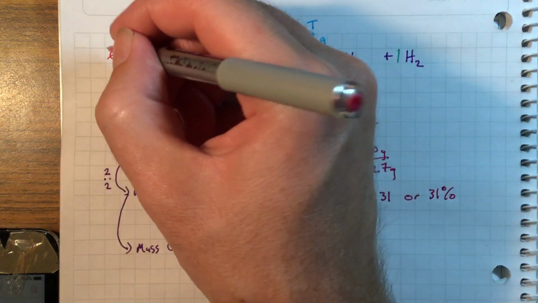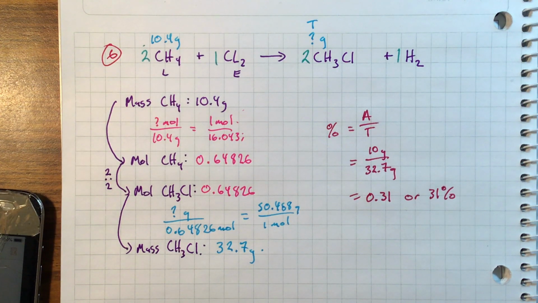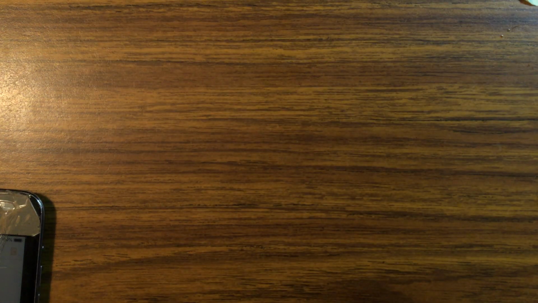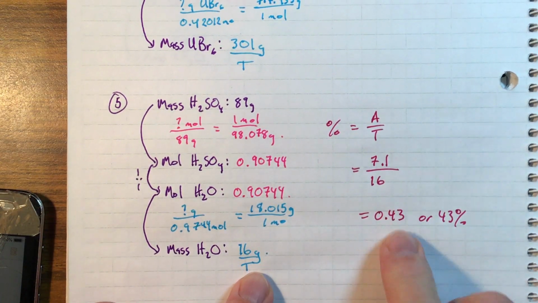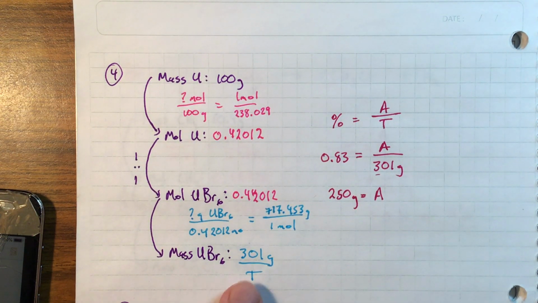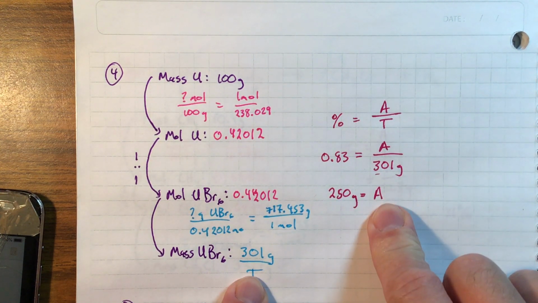Ooh, 33 minutes for me to do all of these. It's a lot of work. There's question number 6, the percent yield. There's question number 5, the percent yield. There's question number 4, the theoretical amount, the actual amount.